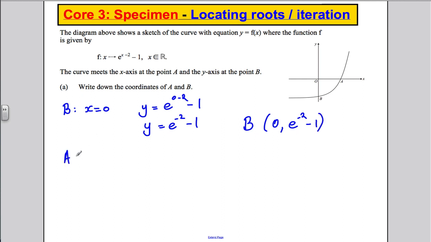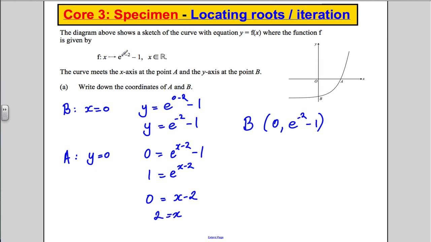And at a, well, what's 0 at a? Well, y is 0. Y is 0 here. So to find the x coordinate, you're solving 0 is equal to e to the x subtract 2 minus 1. Add 1 to both sides. 1 is equal to e to the x subtract 2. Take logs of both sides and bring down the x minus 2 power. Log of 1 is 0, so 0 is equal to x subtract 2, and therefore x is equal to 2.